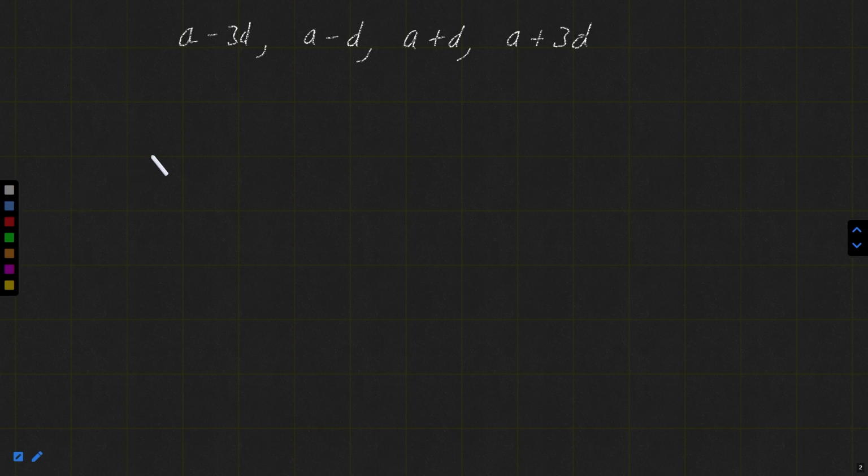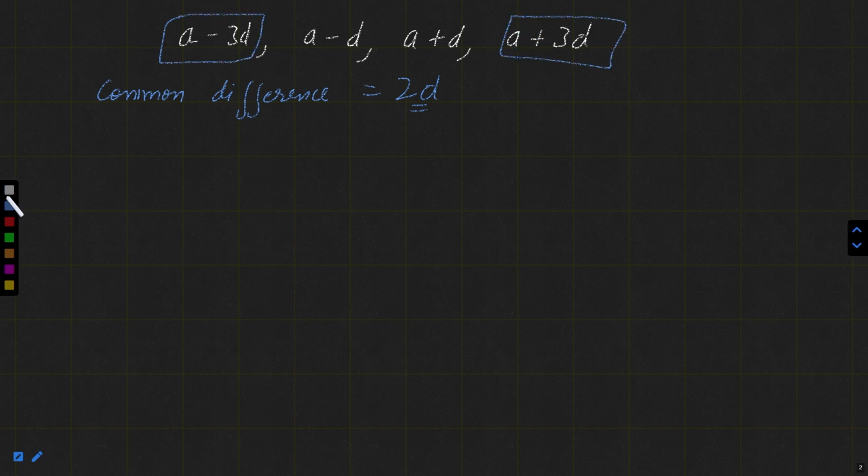Here the common difference is 2d. If you subtract any two consecutive terms, you will find 2d as your common difference. This is your first term and this is your last term.